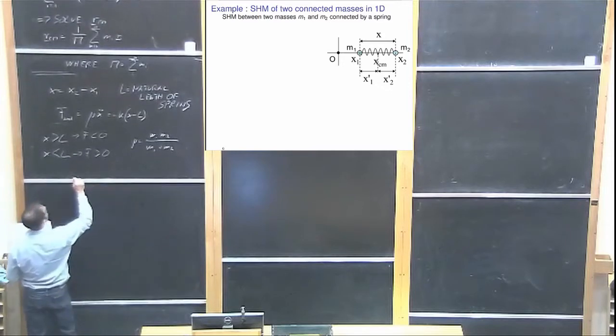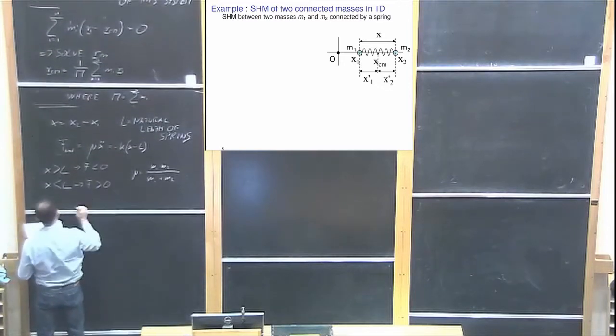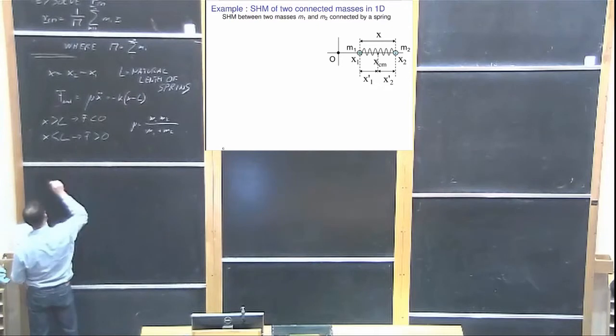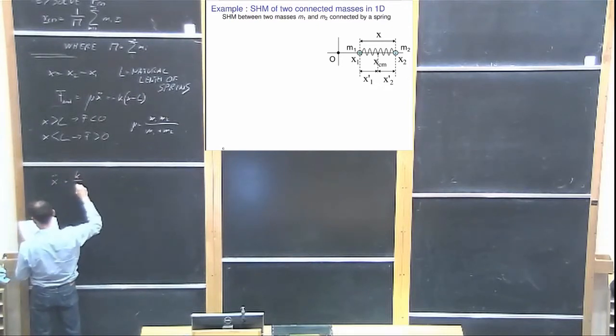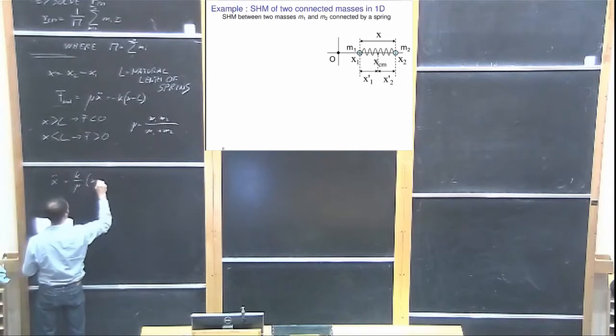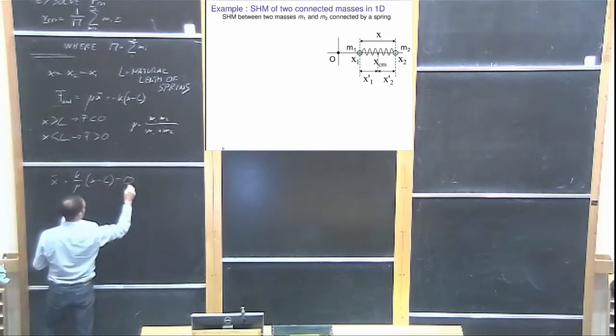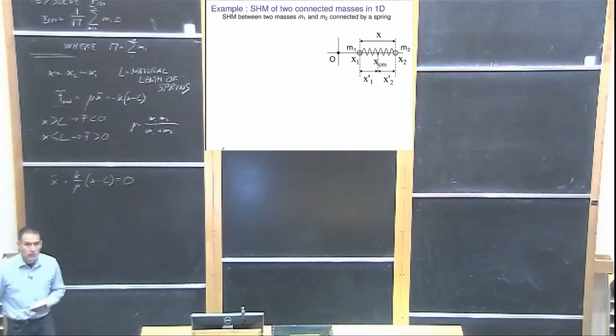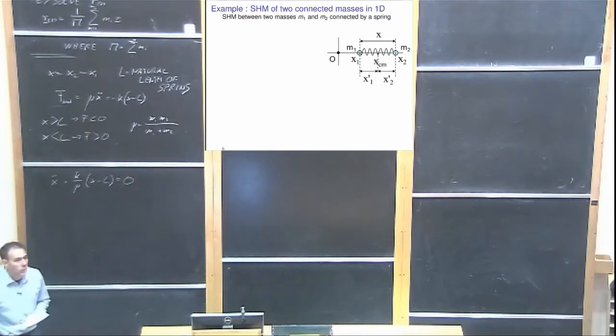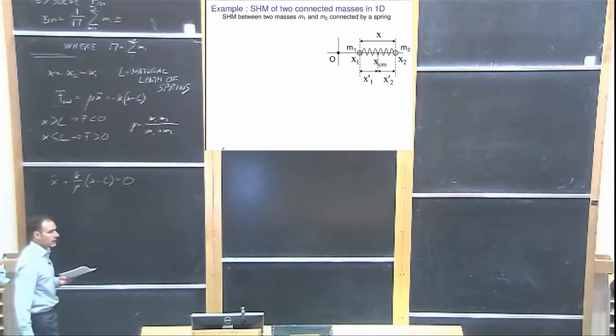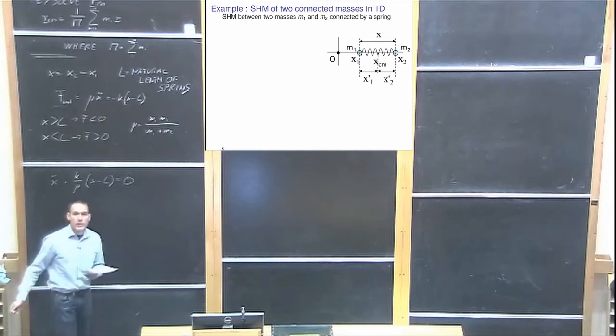If we rewrite this equation, we get x double dot plus k over mu times (x minus L) equals 0. And that's the standard equation for a simple harmonic oscillator. When you see something like that, you know one of the solutions will be an oscillation.